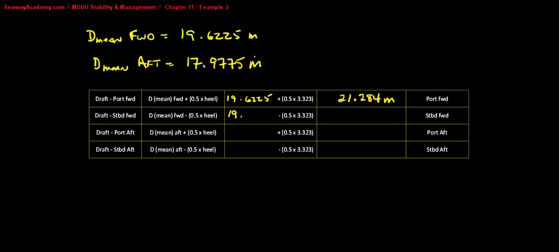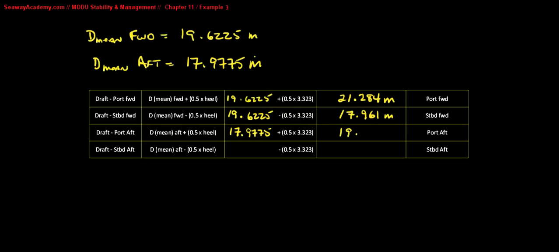For starboard forward, we're going to take our mean draft forward and subtract half the heel. So we're going to get a draft starboard forward of 17.961 meters. And for port aft, we're going to take our mean draft aft and add half of our heel.